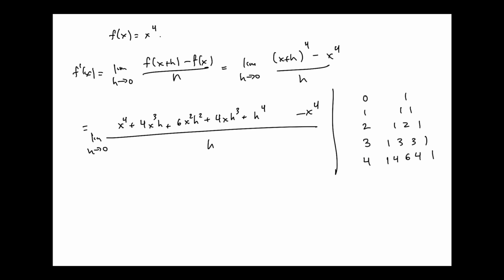I start at the top with ones, and the way I get the next row is each number is the sum of the two numbers above it. For example, the 2 here is the sum of 1 and 1. The 4 is the sum of 1 and 3. And that pattern continues. Those numbers, 1, 4, 6, 4, 1, are the coefficients.